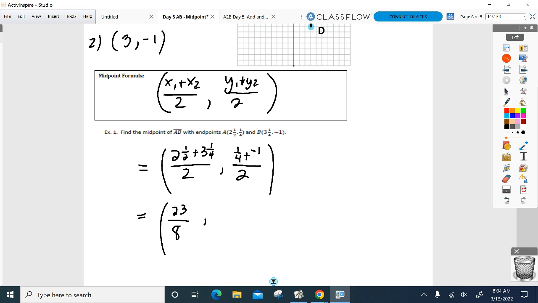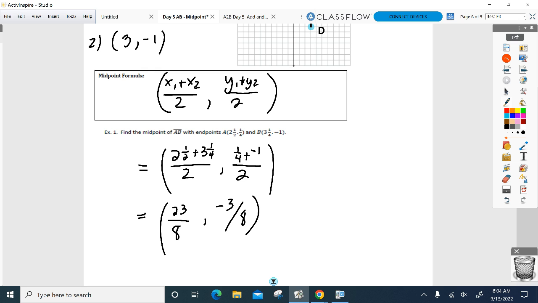That's -3/8. I will also accept the decimal versions if you write those down instead. I'll accept either.